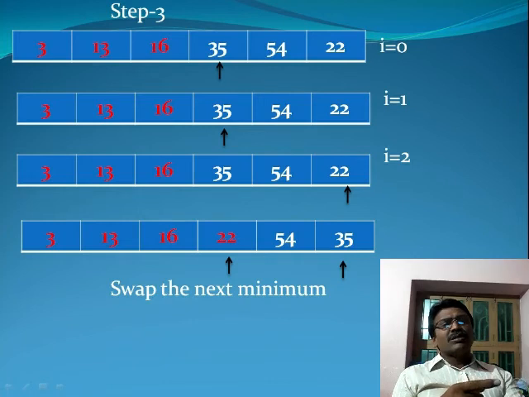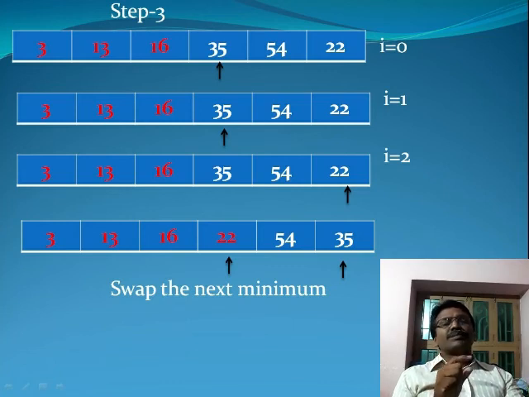Next, i equals 2. a of 2 is 22. Compared with the previous minimum value, the present value is smaller, so change the minimum value to 22. Next iteration, the condition fails. So the present minimum value is swapped with the fourth element. After the completion of step 3, the first 4 elements are sorted.